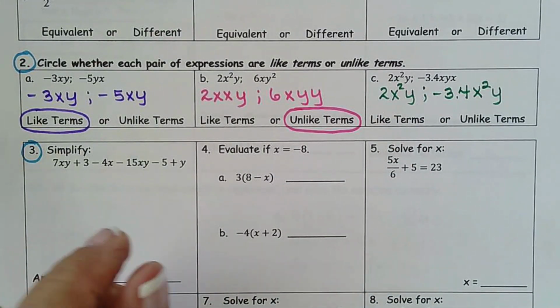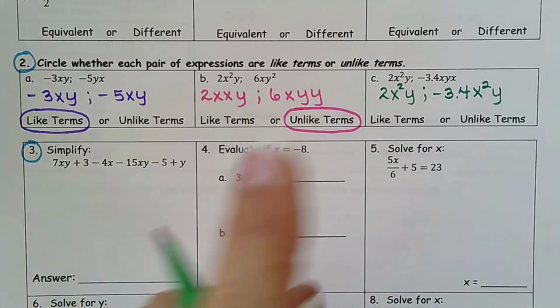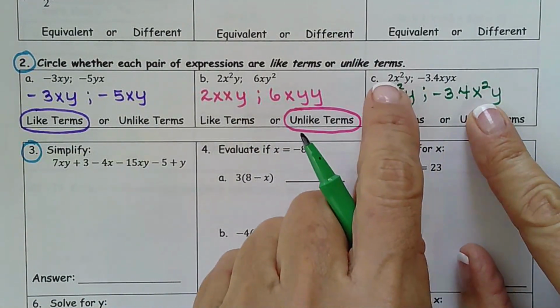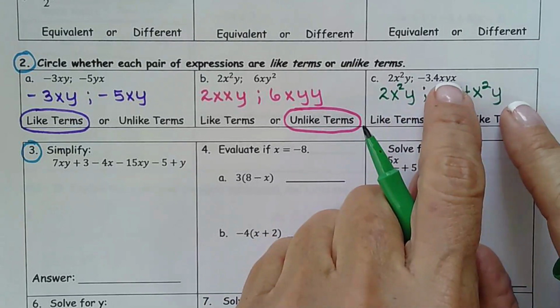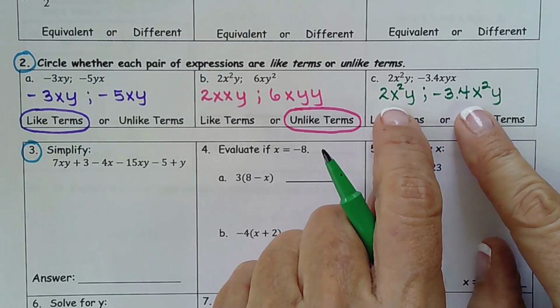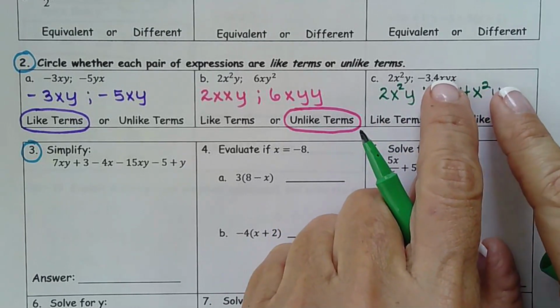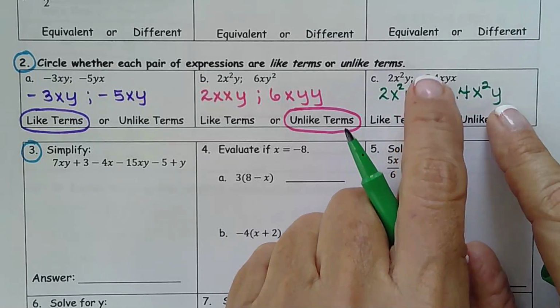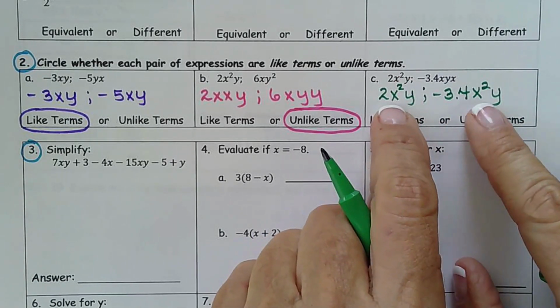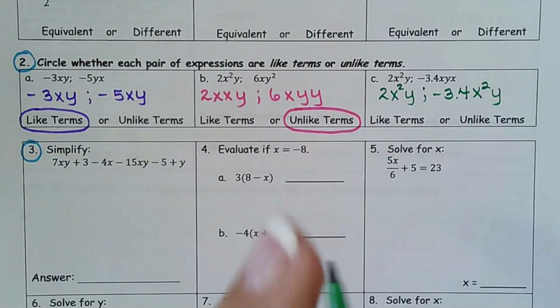So once you get it in that form, it's easy because you want them both in the same form. So you should either write this one xxy and this one xxy, or write them both with exponents. So the x's are both squared because there's 2 x's here, and there's only 1 y in each problem. So we can see, yes, they are like terms.